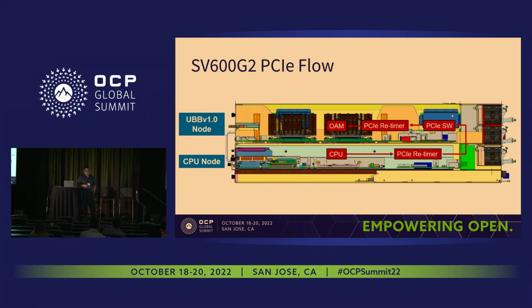In this picture, you can have a clear view of the PCIe routing right here. The bottom level is the CPU node, and the top level is the UBB node. Between the UBB and the CPU, we have the PCIe retimer to connect them together. So the PCIe trace is SI guaranteed in our systems.